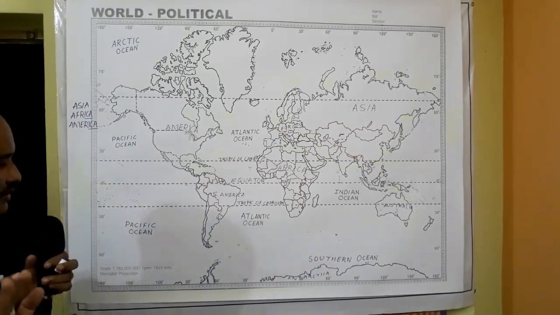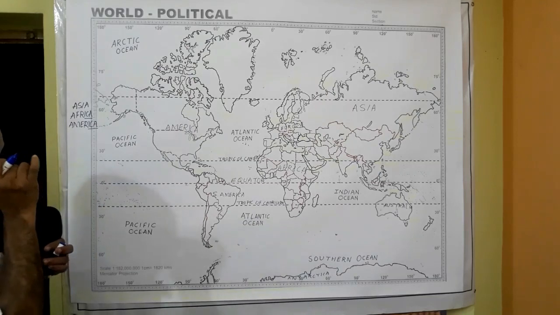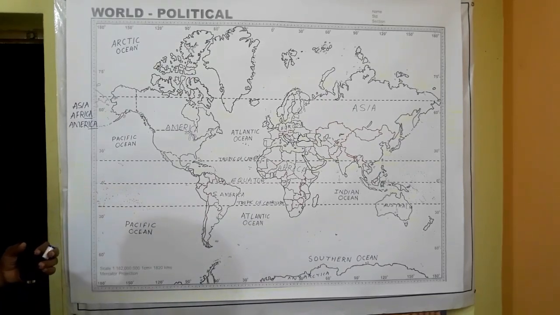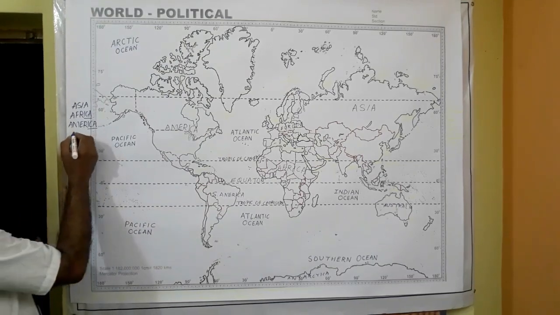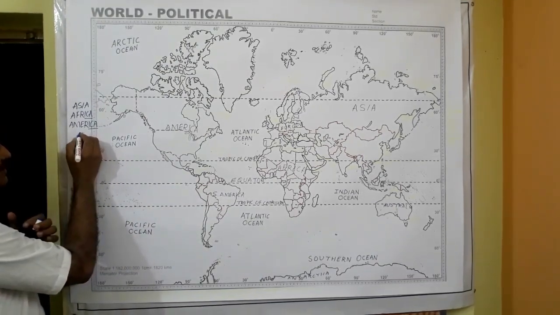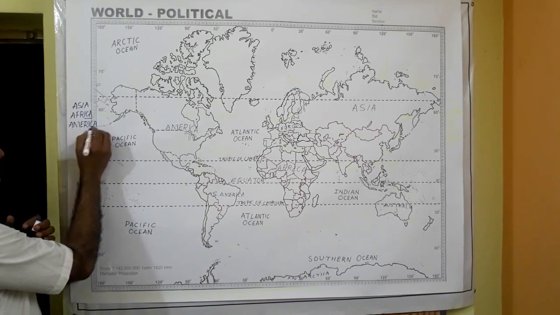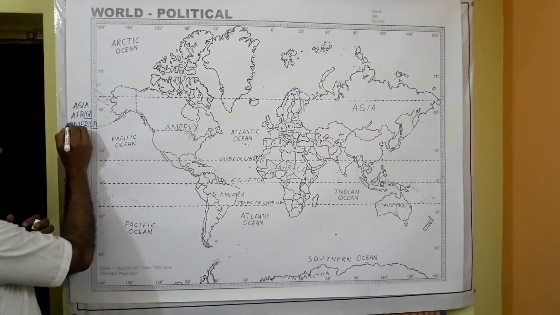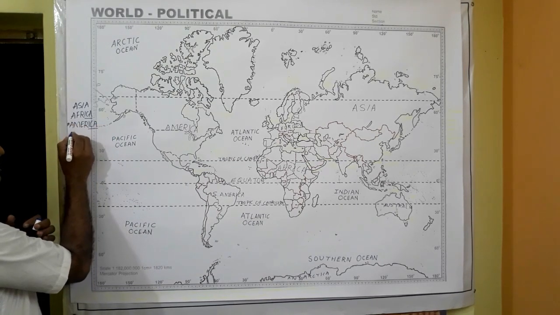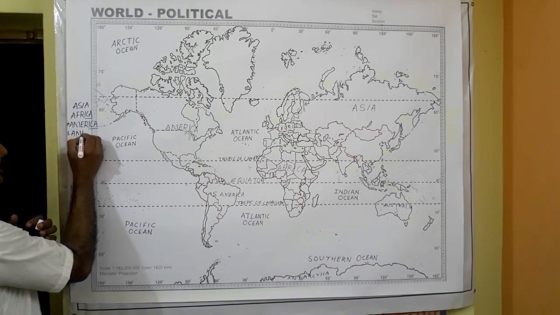Now I will disclose how to remember. After America, first comes N, after that S. So among the Americas, North America is first, followed by South America.